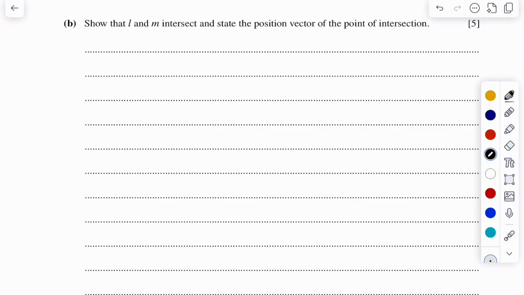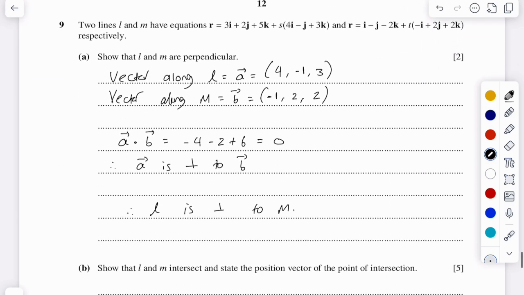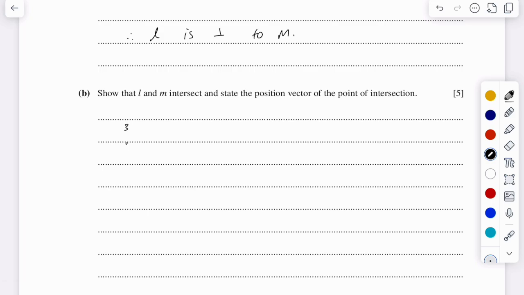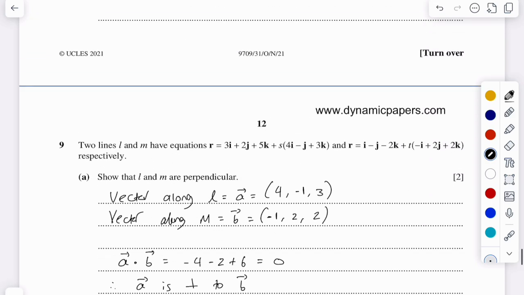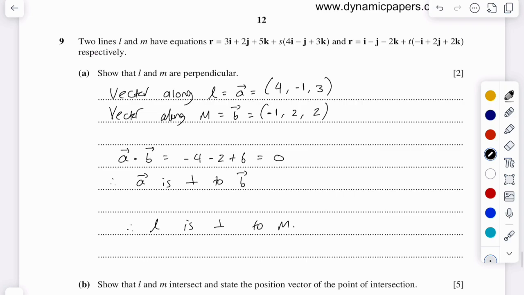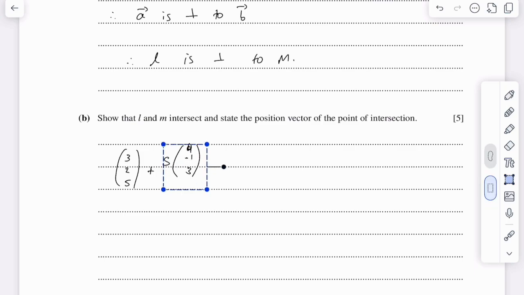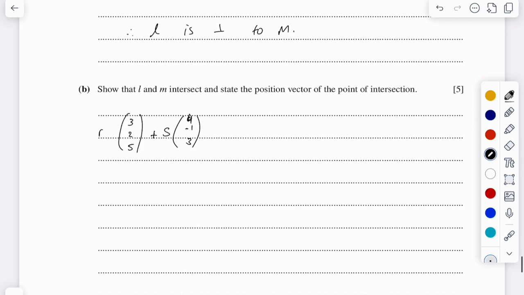So let's jot down these two vectors, L and M. So (3, 2, 5) plus s times (4, -1, 3). That's for r.